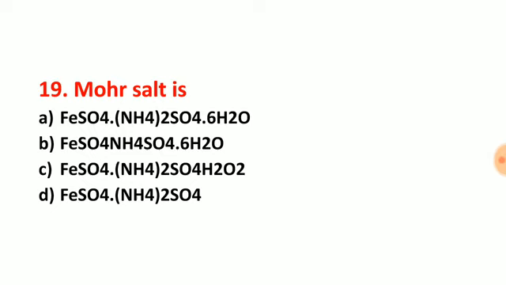Question number 19, Mohr salt is? If you see this, all the molecules are the same, FeSO4, (NH4)2SO4 and H2O, but their compositions are different. So you need to remember the composition, how many water molecules there are, and the other different substances. So option A is the correct answer. FeSO4.(NH4)2SO4.6H2O.